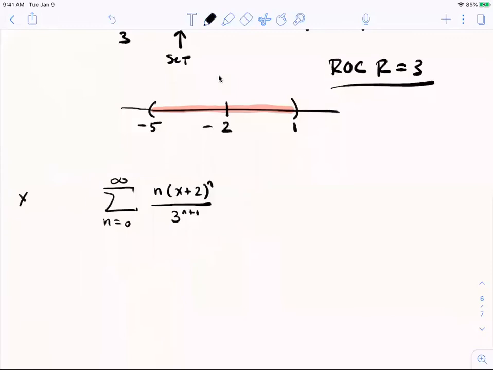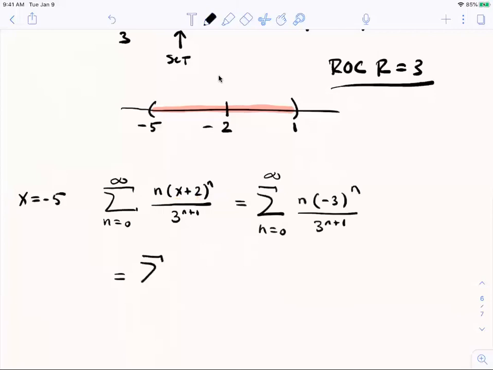So I'm gonna take the endpoint -5. And what am I doing with that -5? I'm plugging -5 in right there for x. So what is -5 plus 2? Yeah, -5 plus 2 is -3. So if we put that in, we get the sum as n goes from 0 to infinity of n over -3 to the n over 3 to the n plus 1. And I'm going to clean that up a little bit.